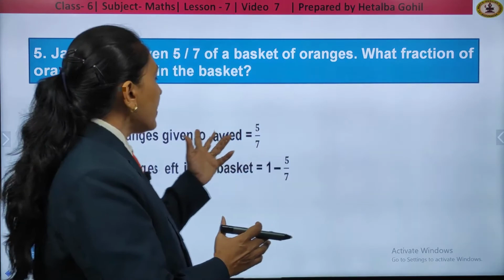So, 7 by 7 minus 5 by 7 if I do, children, I will get my answer as 2 by 7. So, how many oranges are left in the basket, children? 2 by 7. Okay, you can see here next.